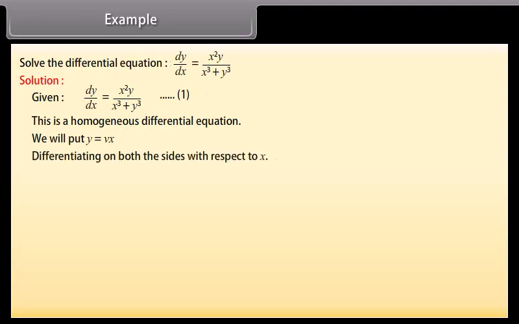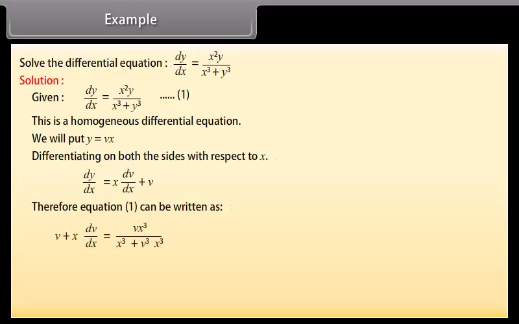Differentiating on both sides with respect to x, dy by dx equals x into dv by dx plus v. Therefore, equation 1 can be written as v plus x into dv by dx equals v x cube by (x cube plus v cube x cube).